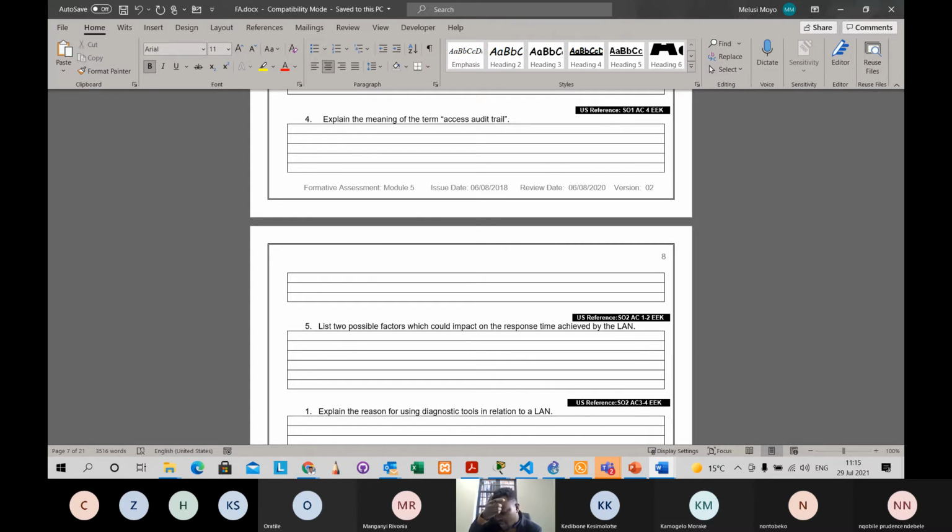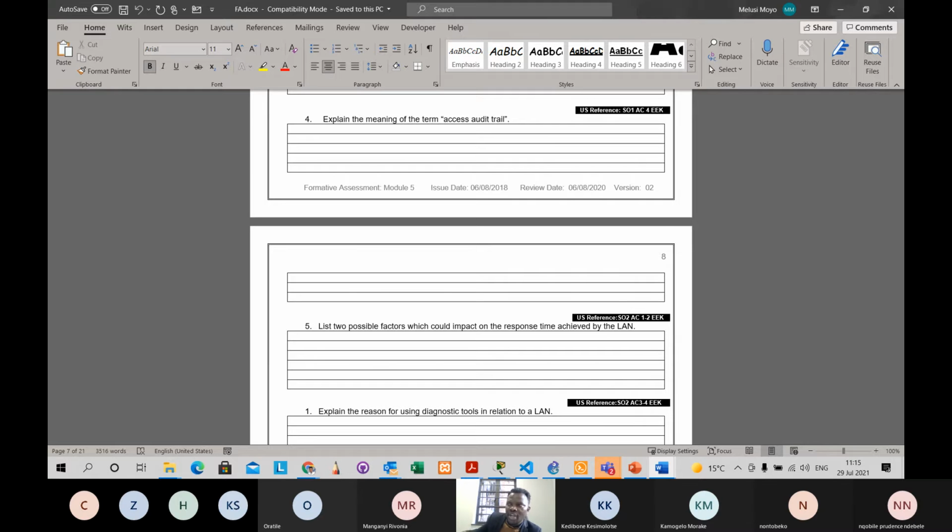So for the audit trail, we're talking about the events that are happening on your computer. If someone tries to log in to your computer, the system logs that information. If someone else tries to log in to your computer and puts in a wrong password, the computer logs that event. The system keeps a record of what's happening inside your computer.